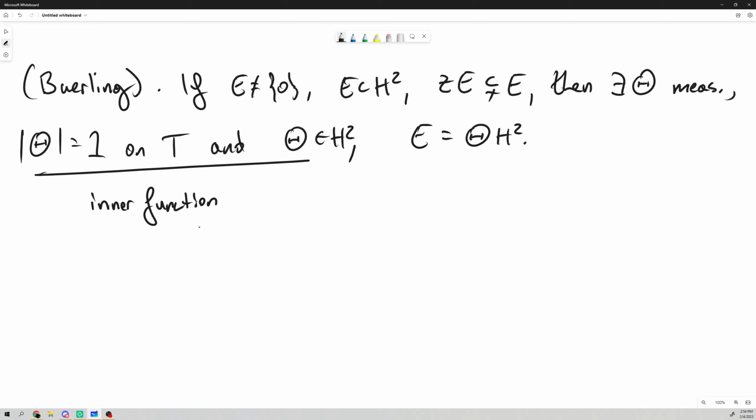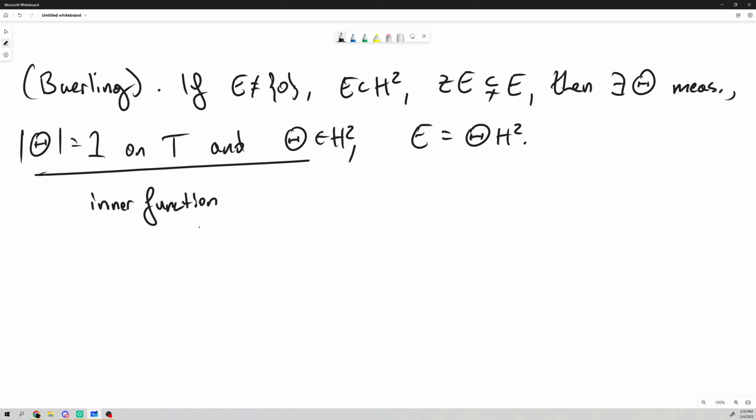crux of this talk. Because if you read Rudin, Real and Complex Analysis, chapter 15, I think, someone can correct me if they find something else, he talks about inner functions and outer functions for H2, and you're like, okay, well, where did those come from? Well, they come from chapter 17 things.